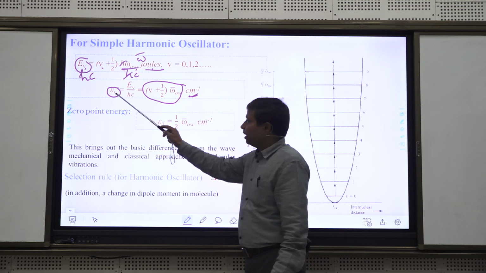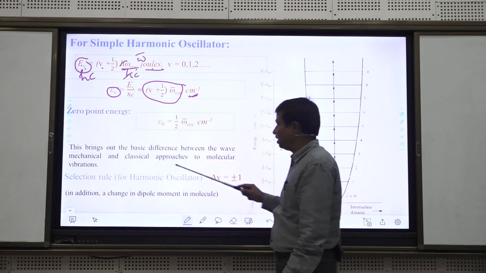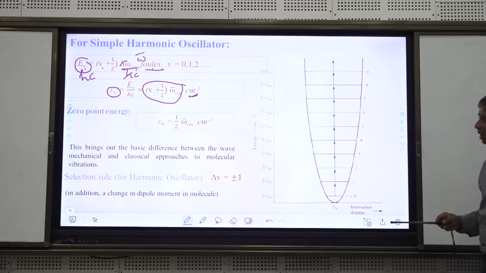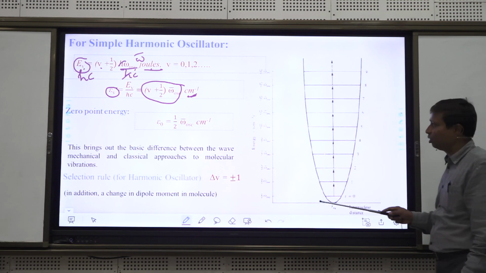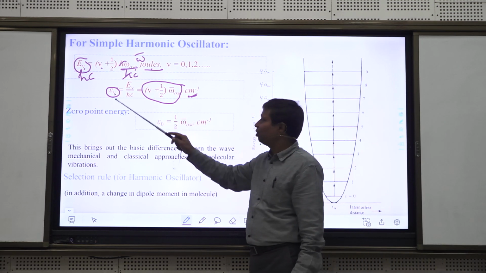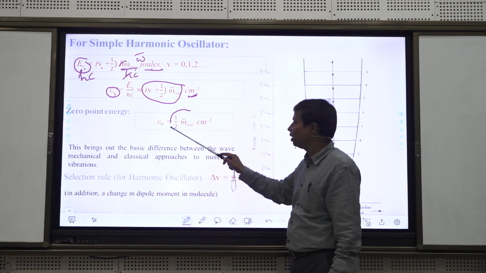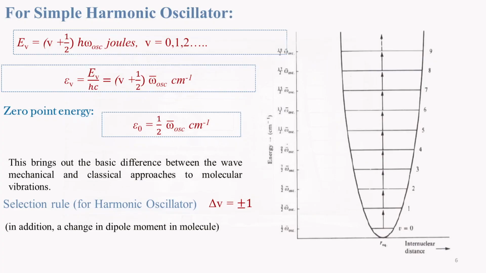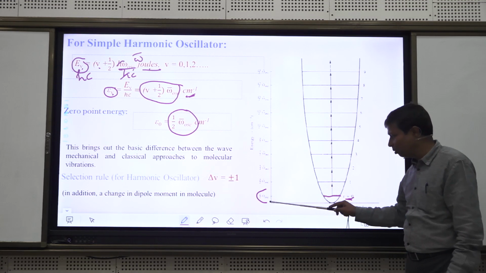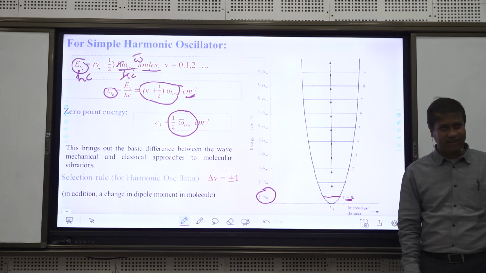Now let us see how the energy levels are. The first energy level, the ground state, V is equal to 0. If you put V equal to 0, then you have half omega OSC. So V equal to 0 is an energy level. What is the value? Half omega bar OSC.